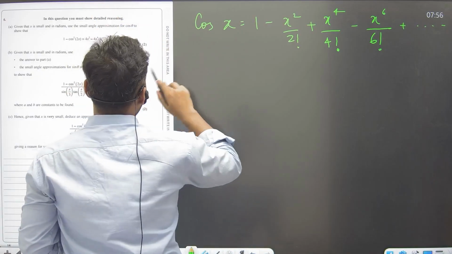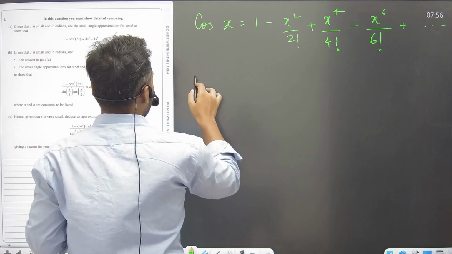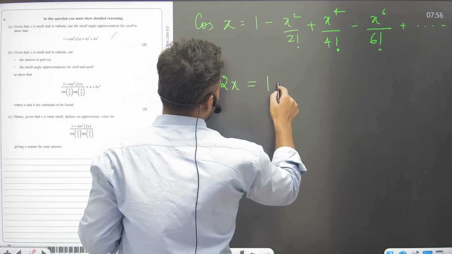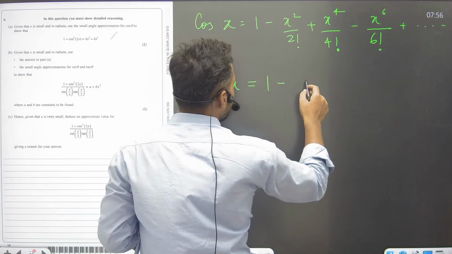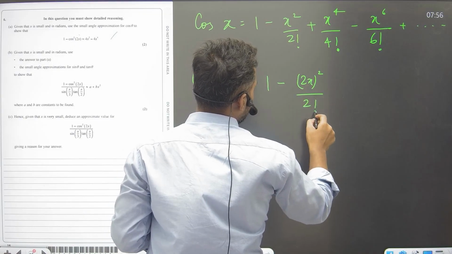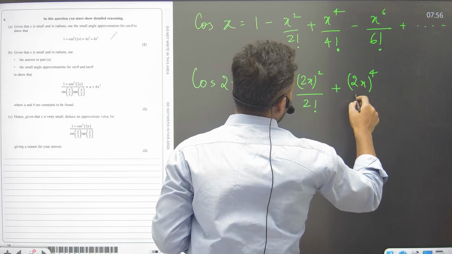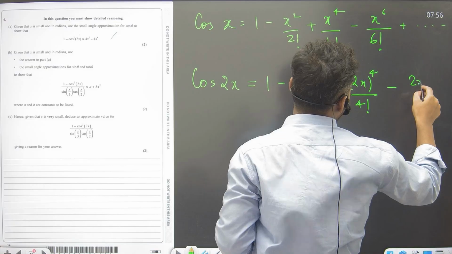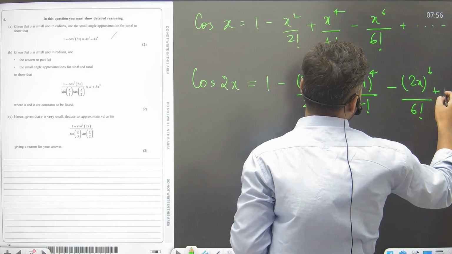Now what we need to do is calculate the value of cos square 2x. So first find the value of cos 2x. You will get 1 minus, in place of x we will be plugging 2x here. So 2x raised to the power 2 upon 2 factorial plus 2x raised to the power 4 upon 4 factorial minus 2x raised to the power 6 upon 6 factorial plus dot dot dot.